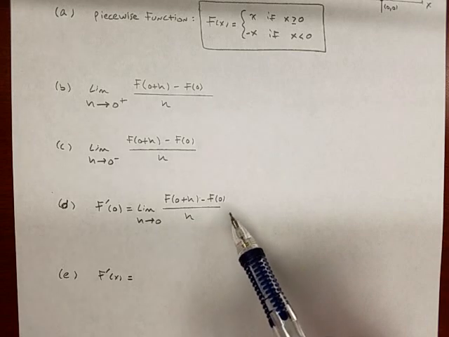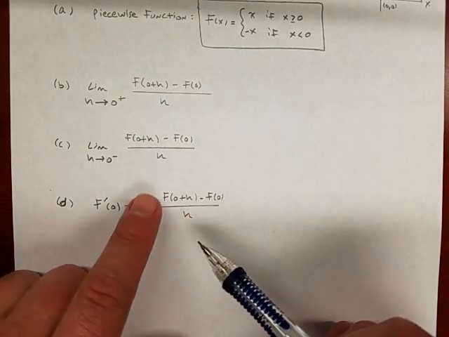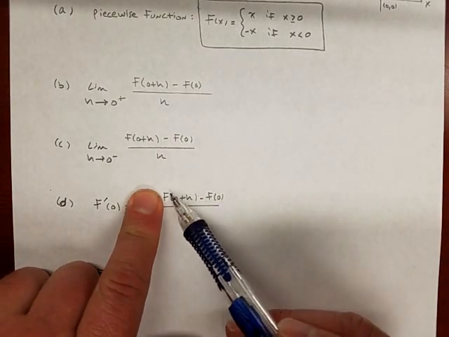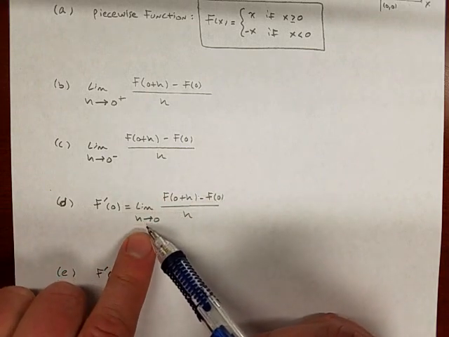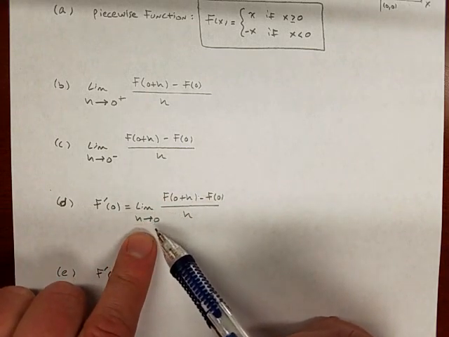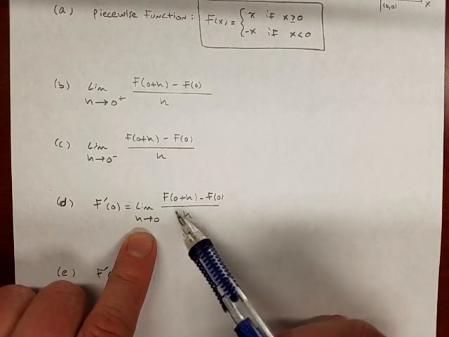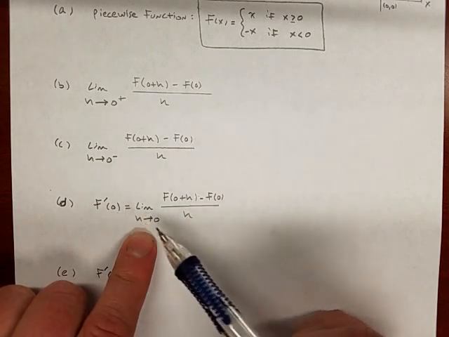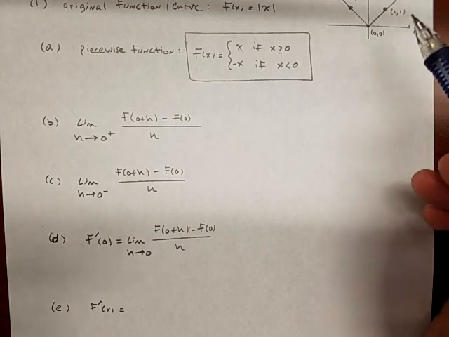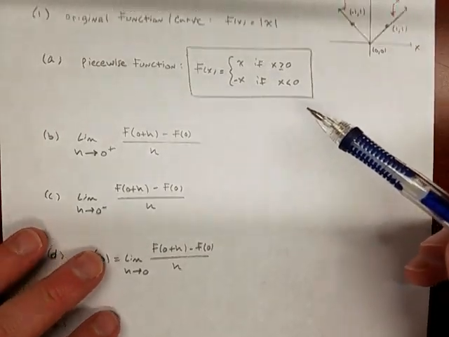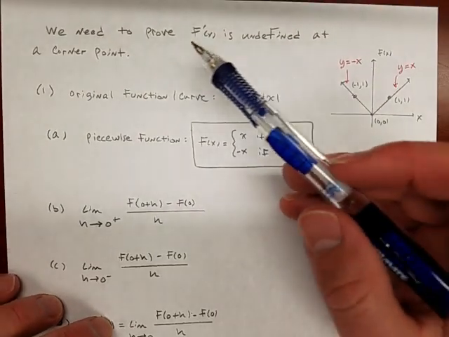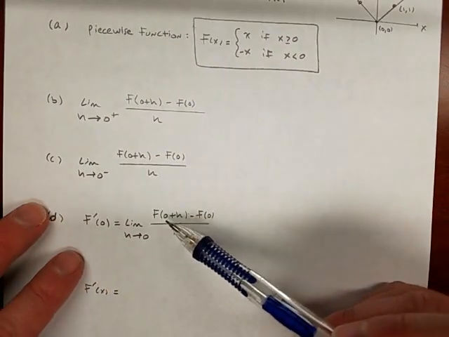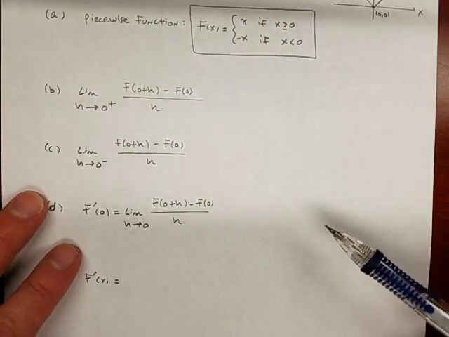When we first learned what the derivative was, it was the slope of the secant line between two points pushed incredibly close together. That would be f prime 0. Why do I have to do it this way? Well, I don't have a formula. We never learned a rule to find the derivative of absolute value. So to prove it, there's your proof of what our f prime 0 is.